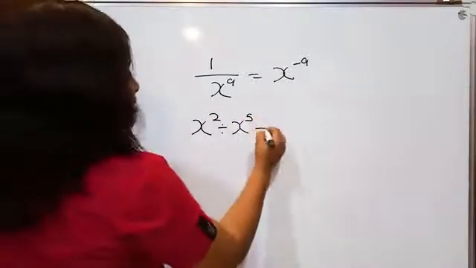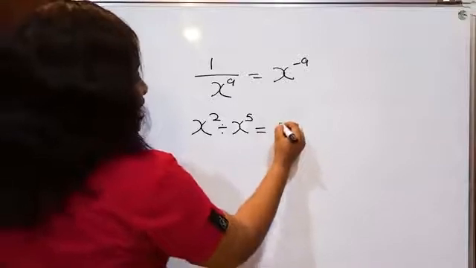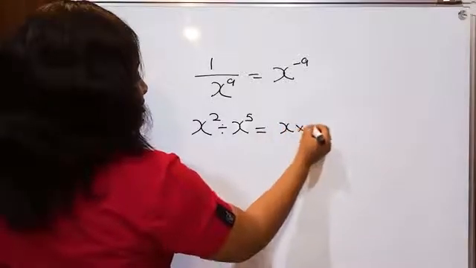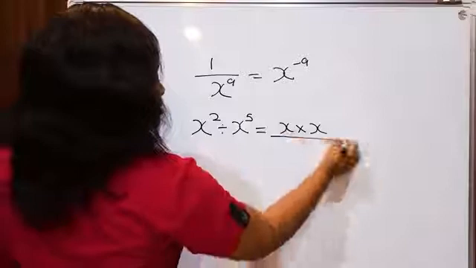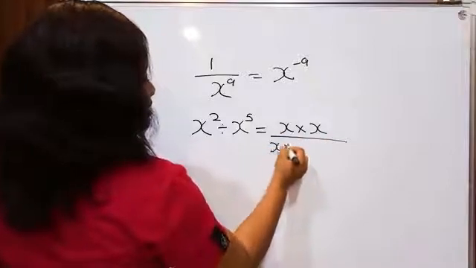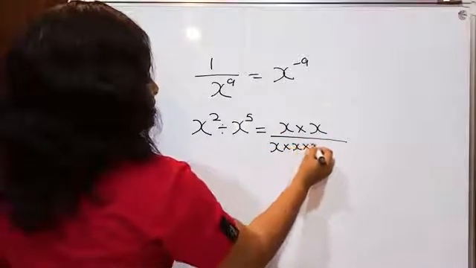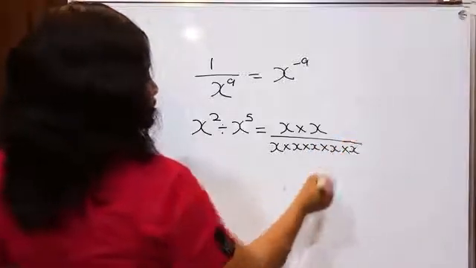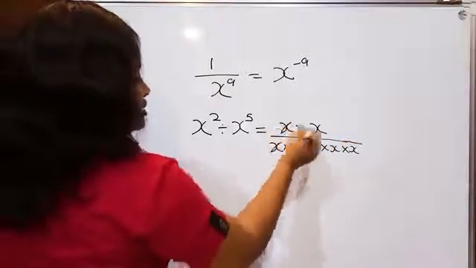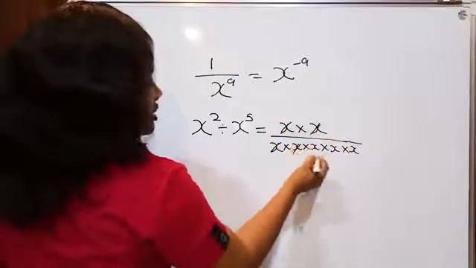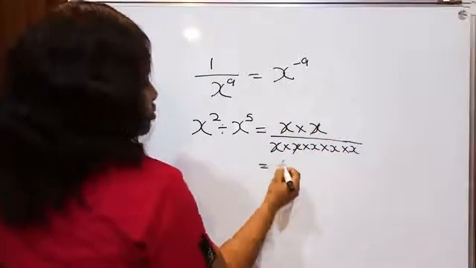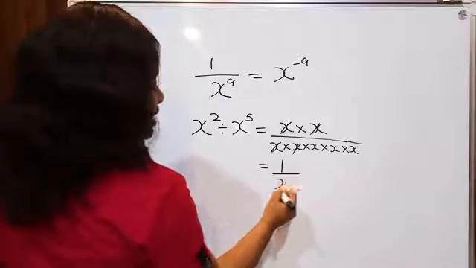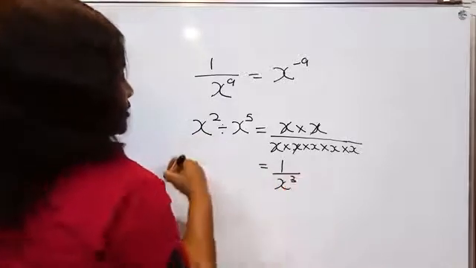The same thing as saying x times x all over x times x times x times x times x. When you cancel, you have 1, 2, 3. You have 1 over x raised to the power 3.